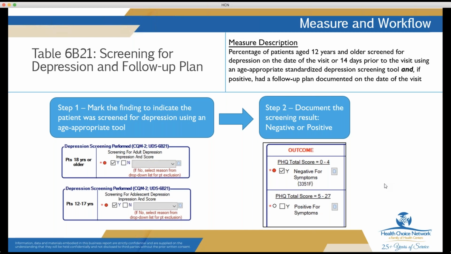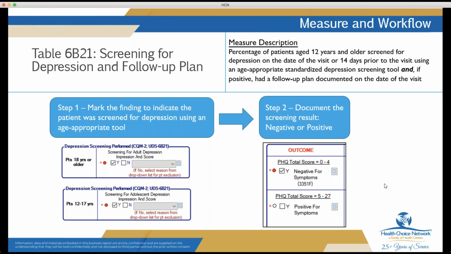So you could see here in step 1, these are the elements that we added to the PHQ-9, the PHQ-A, and you could also see it on the depression plan follow-up tab. So when a depression screening happens, you would obviously check yes, depending on the age. That way it would then document that the screening occurred.